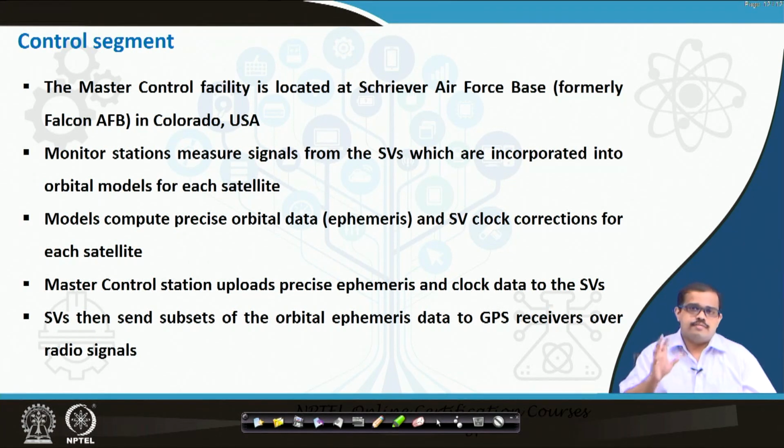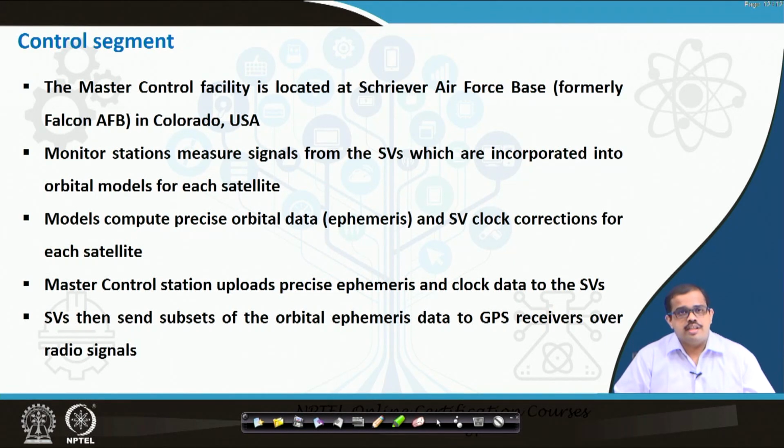So, as I said, the master control facility is located in Colorado, USA. This facility is the master station, which controls the entire operations of the GPS satellites. I would repeat again, the entire GPS is maintained by the United States of America. It maintains the entire fleet of 24 to 27 satellites that are there today in the space segment, and it is responsible for its operations throughout.